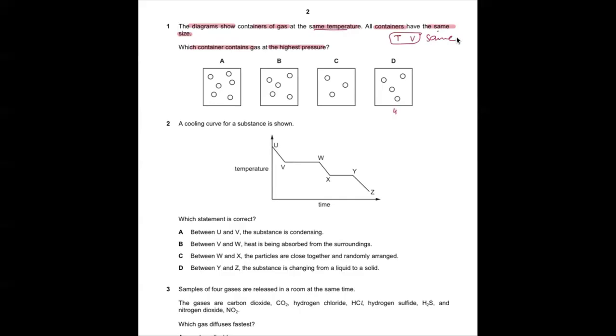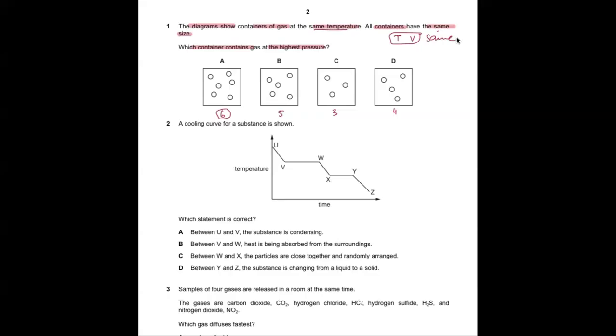For example, you will see in D there are 4 molecules, in C there are 3 molecules, in B there are 5 molecules, in A there are 6 molecules. So having 6 molecules at the same temperature with the same size of the container, the molecules are going to be closer to each other. And as they are closer to each other, they are going to collide with each other more frequently.